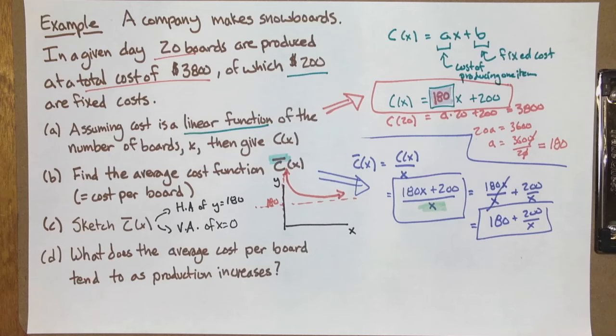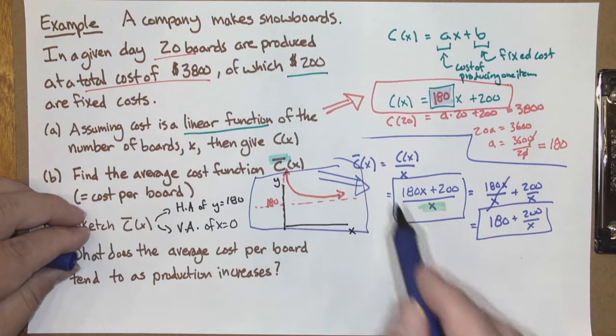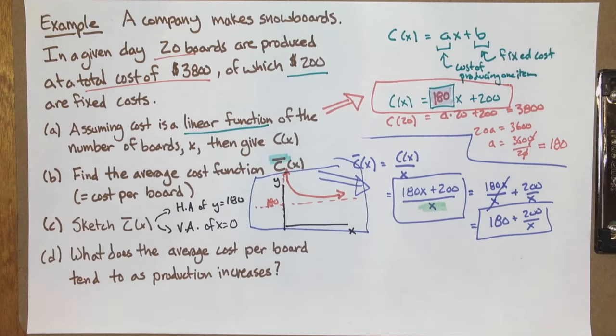Now our final question. Part D. What does the average cost per board tend to as production increases? So we're very successful. Right now we were just making 20 boards. Imagine 1,000,000 boards. Think big.